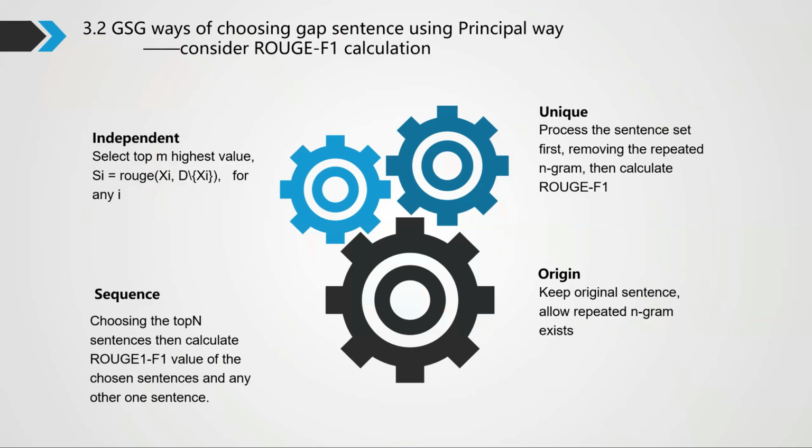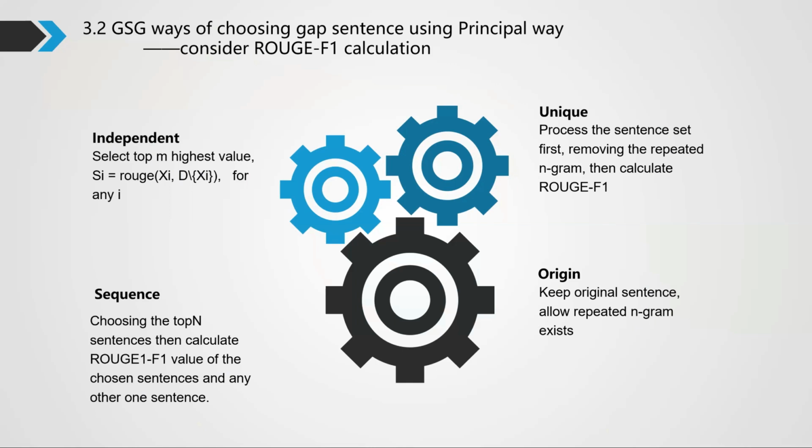About the principal way to select the gap sentences, there are 4 ways to select. The importance of the sentence can be calculated by the ROUGE1 F1 value of the chosen sentence and the other sentences. After calculating all the values, choose the top 5 highest values as the chosen sentences.